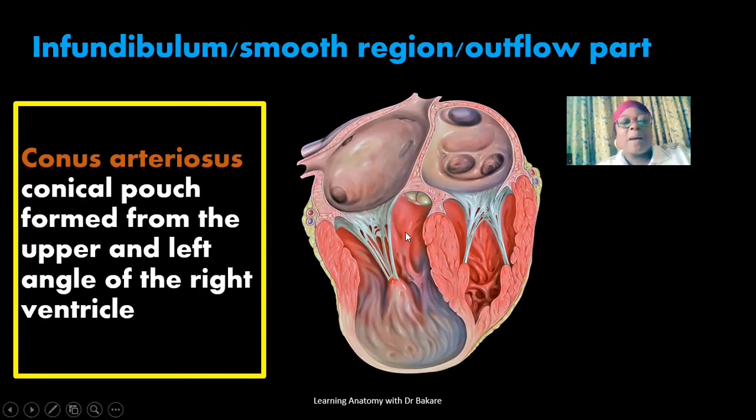This is a conical pouch region that is created at the left upper part of the right ventricle. And it is a region where deoxygenated blood is taken out of the heart through the pulmonary artery. And that is why it is referred to as the outflow part of the heart. And this is the conus arteriosus, which is the smooth upper left region of the right ventricle. This is one of the sub-regions of the right ventricle.